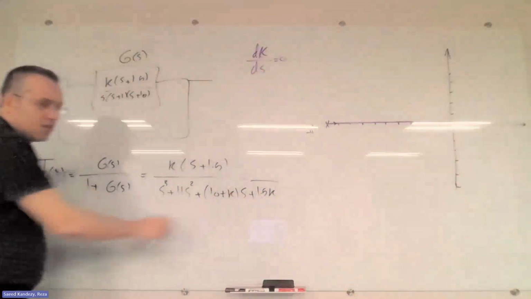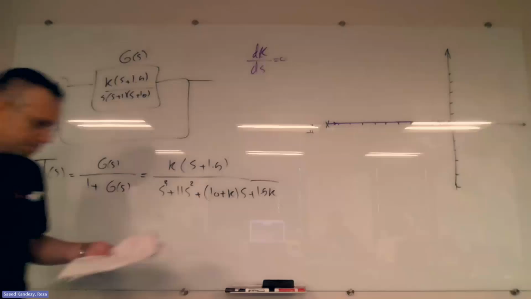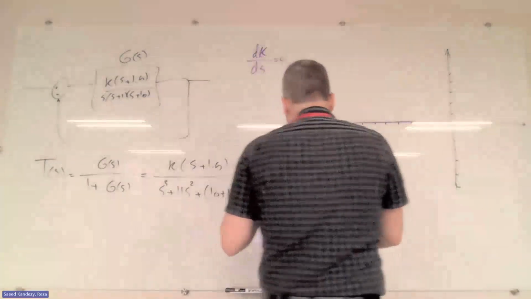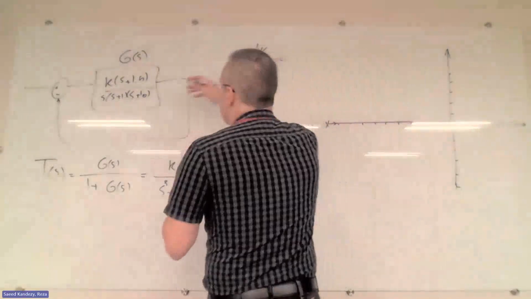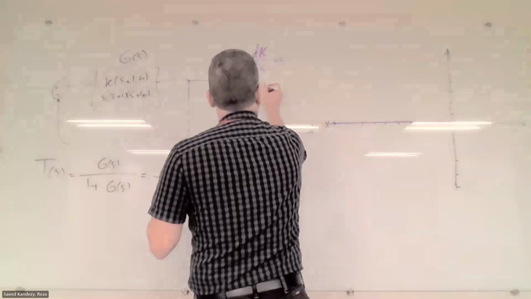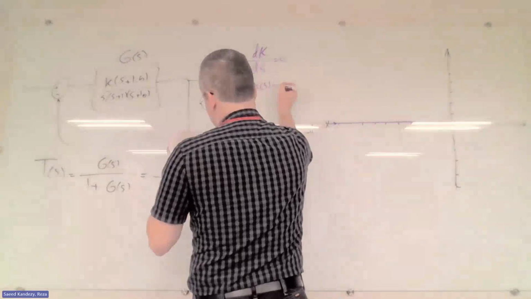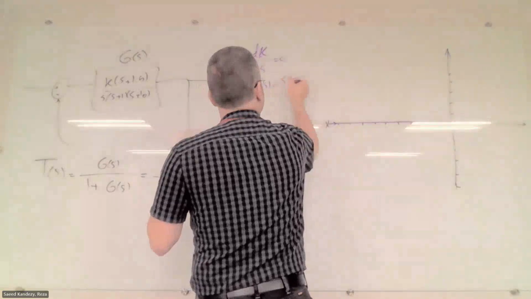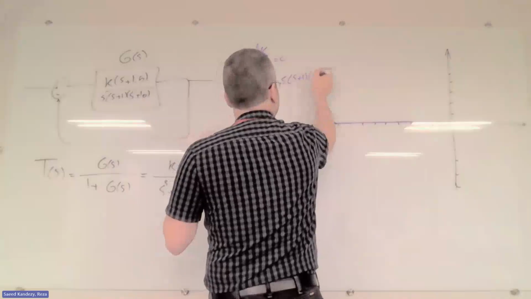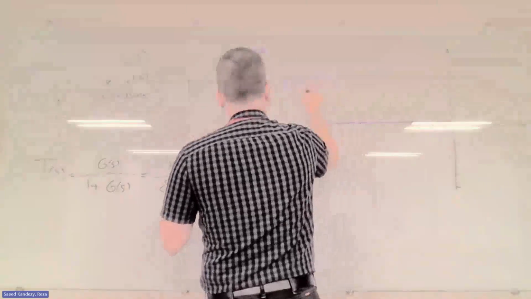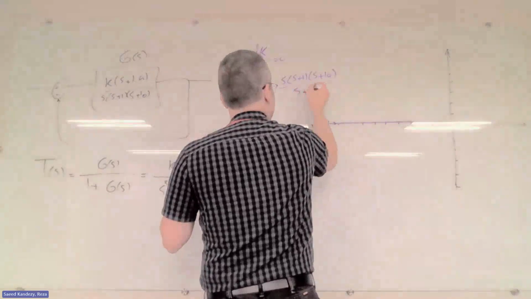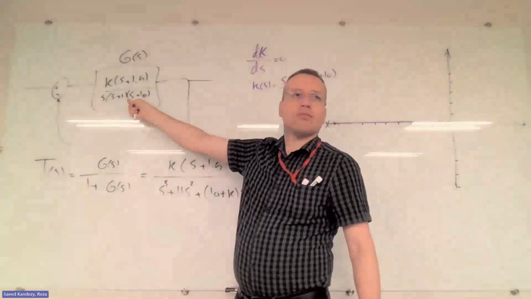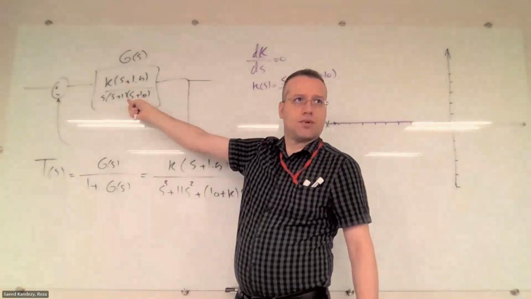For my system, K of s is going to be minus s times (s plus 1) times (s plus 10) over (s plus 1.5). It's very easy, actually. You can see that here.